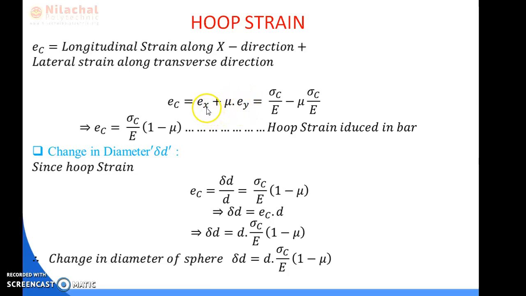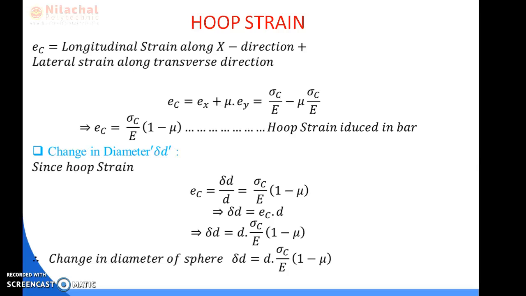Already longitudinal strain is equal to stress by Young's modulus minus mu into longitudinal strain along y, that is sigma c by E. As the sphere has only one dimension, that is diameter, along the x and y direction there is only one parameter, that is known as your diameter.